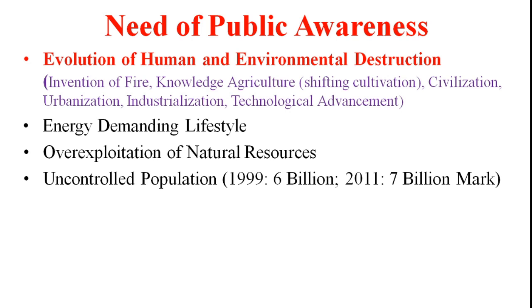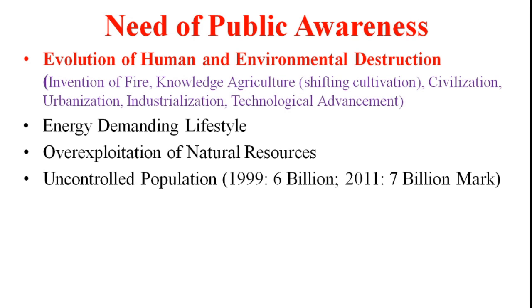The earth has a definite capacity of tolerance for pollutants and population. Beyond that, the earth cannot assimilate the waste as well as support life. In 1999, the population of earth reached the 6 billion mark.